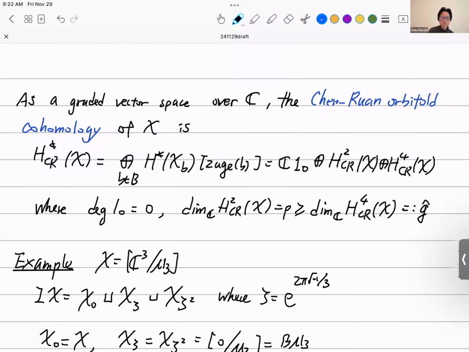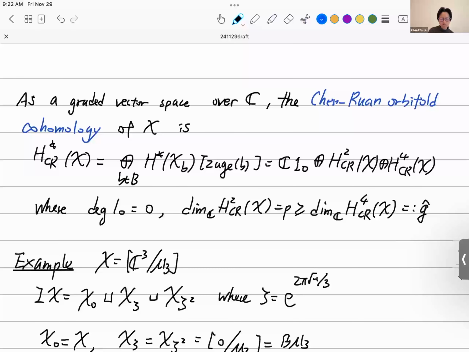Because we want to do mirror symmetry, we will work over complex numbers. So all the cohomology has complex coefficients, the field of complex numbers.